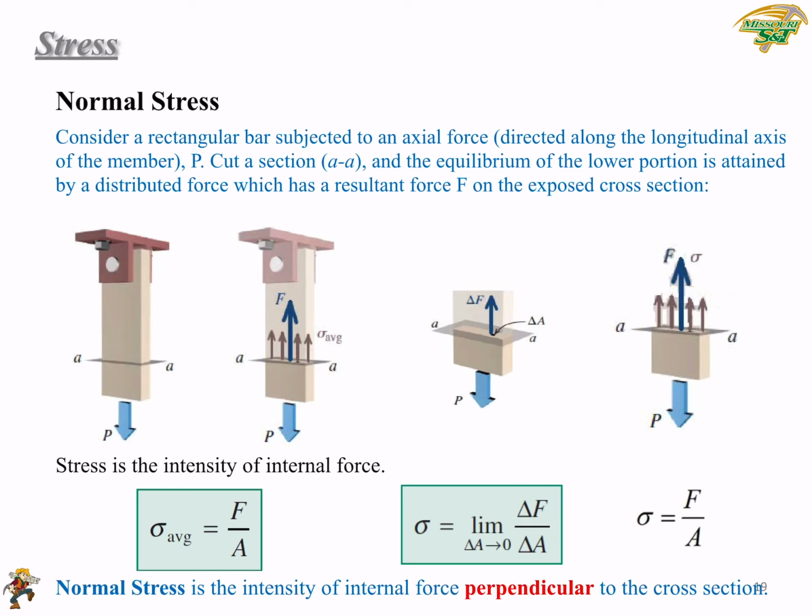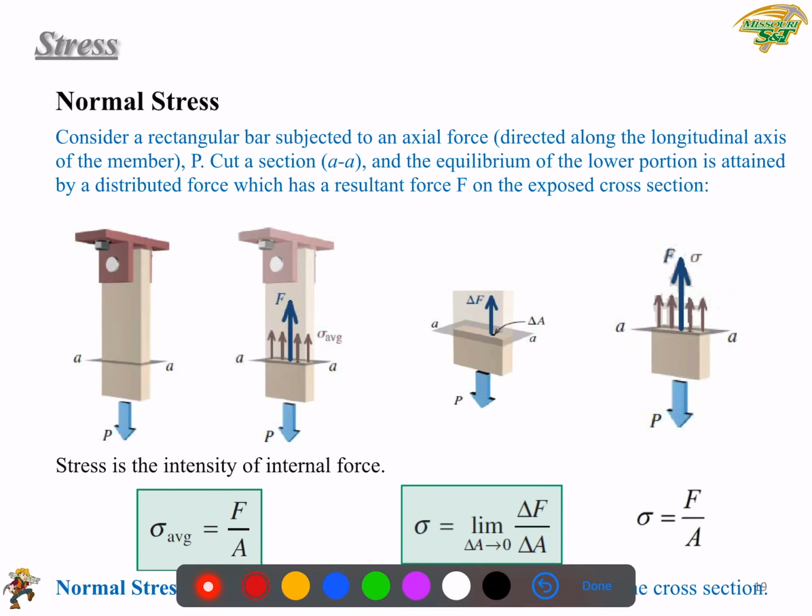So consider a rectangular bar subjected to an axial force. It's directed along the longitudinal axis of the member, as shown here. Here is the P. Right, it's directed along the longitudinal axis of the bar here.